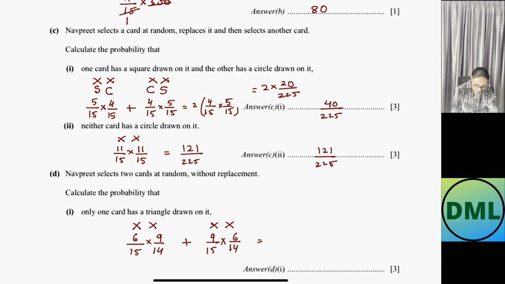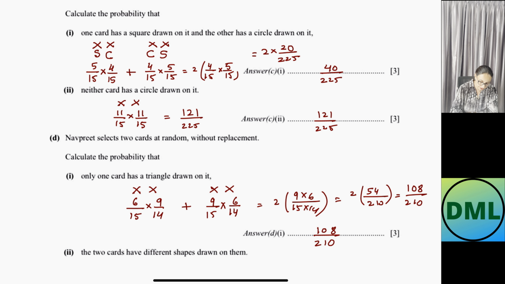This will be written as 2 times 9 times 6 over 15 times 14. 9 times 6 is 54, and 15 times 14 is 210. 54 times 2 is 108 over 210. So the probability is given as 108 over 210.